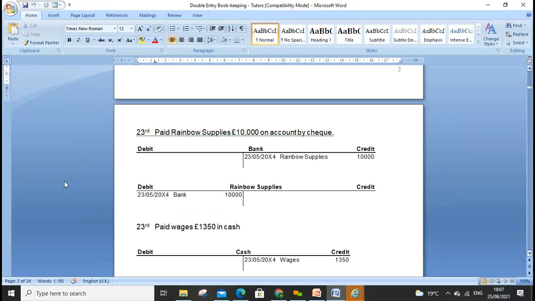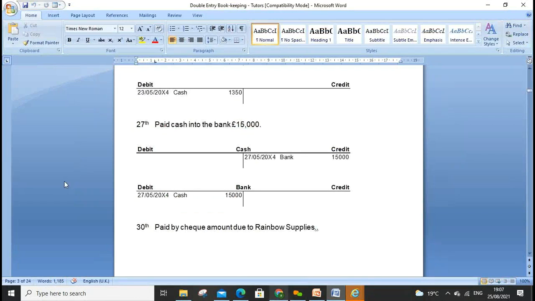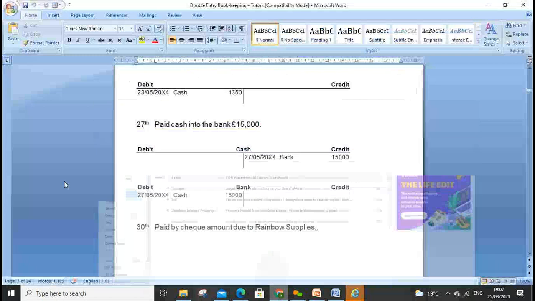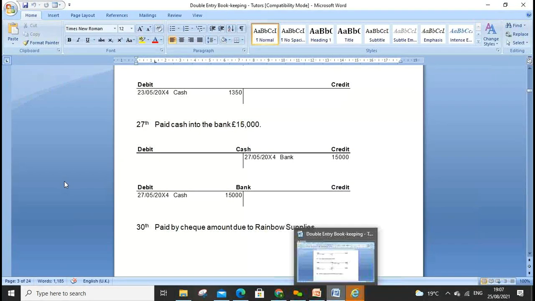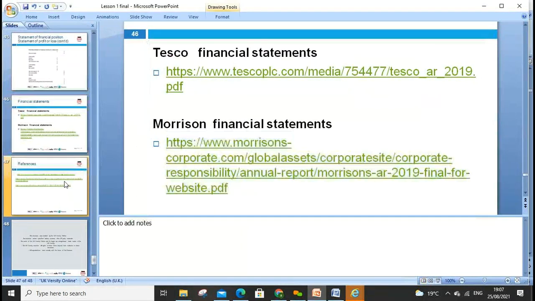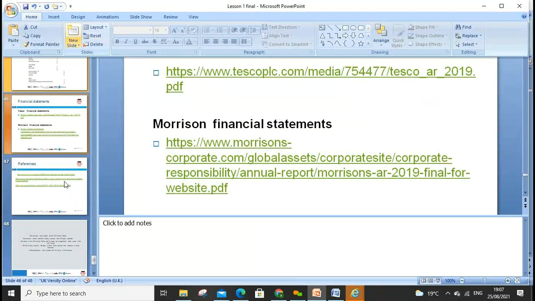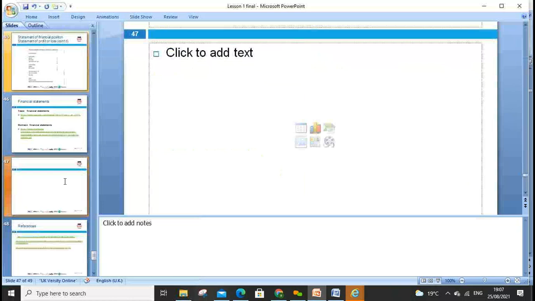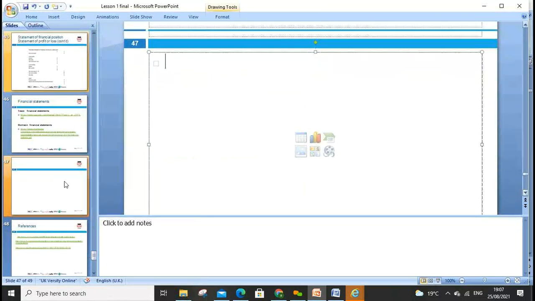So please, for today's lesson, we need to go through this handout. For homework, we need to look at the double entry bookkeeping from this lesson.